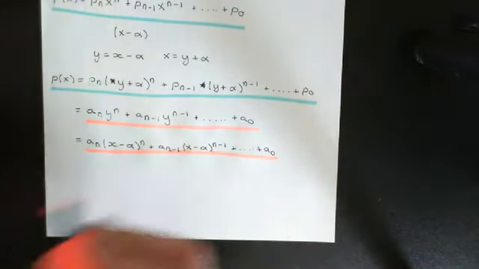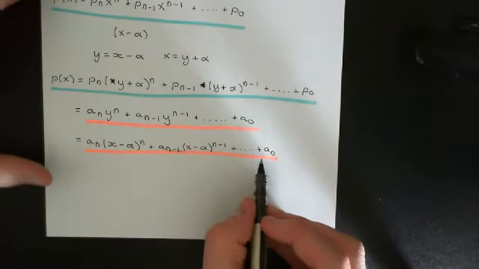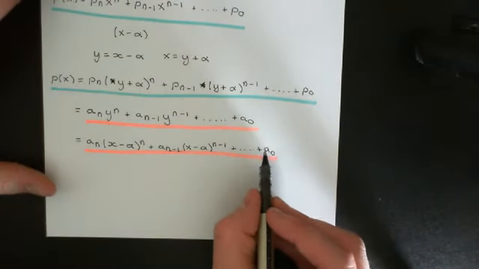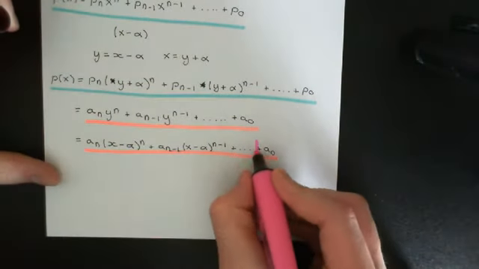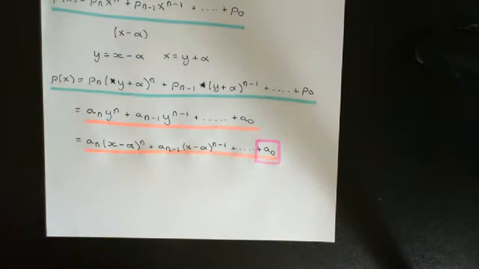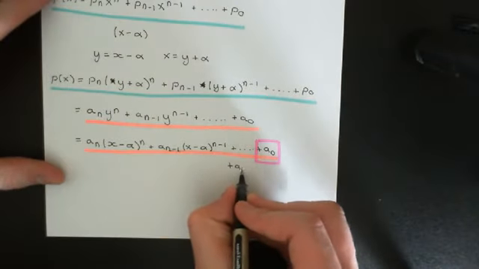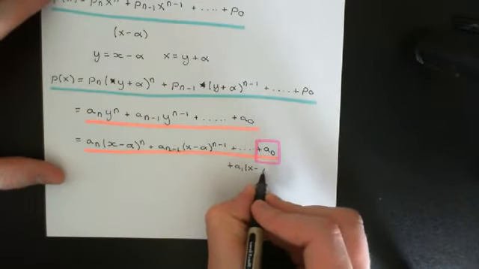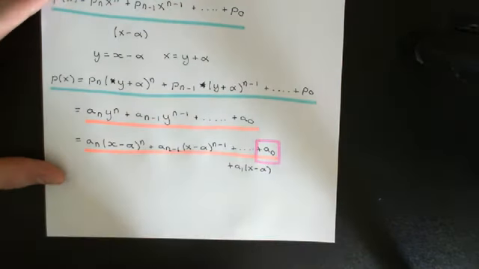All you need to do is factor out x minus alpha from all of the terms which have an x minus alpha. The plus a naught is our constant term, and that's the only term that doesn't have a power of x minus alpha. All the other terms, right down to plus a1 times x minus alpha, do have an x minus alpha to some power.